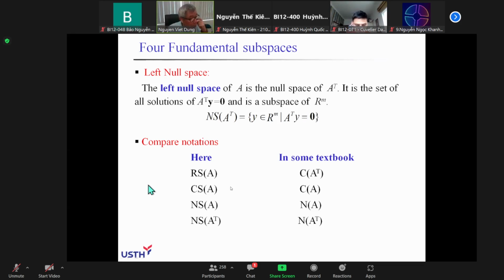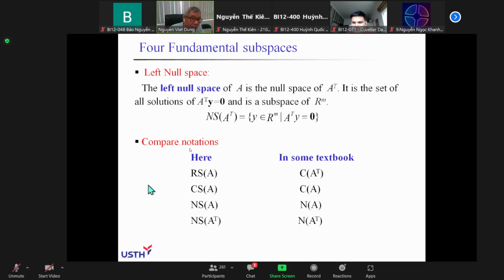So I show you some notation. On the left hand side here, that is the notation we use in this course at USTH. The first one, the row space of A, we denote by RS of A. The column space of A, we denote by CS. And the null space of A, we denote by NS of A. It is very easy to imagine.